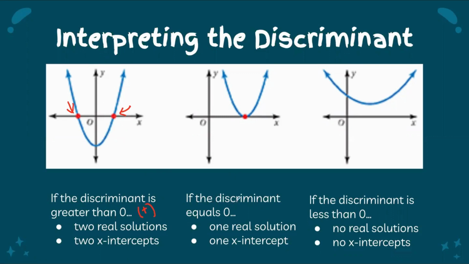If the discriminant is equal to 0, you have one real solution, and if you were to graph that equation, it would just have one x-intercept, which would be the vertex. And lastly, if the discriminant is less than 0, otherwise if it's negative, there are going to be no real solutions, and if you look at it on a graph, you'll see that it never intersects or intercepts the x-axis.